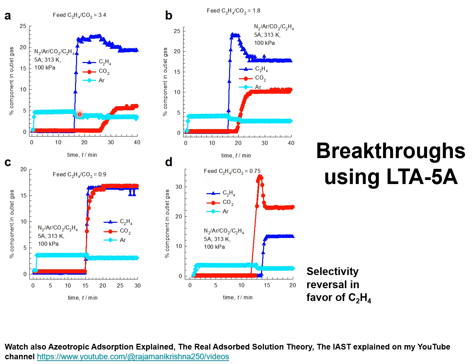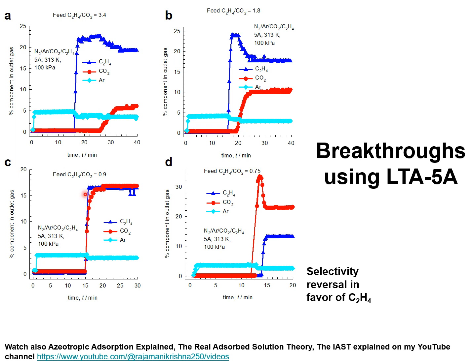For feed mixtures that are richer in ethene than CO2, the component that breaks through earlier is C2H4, indicating that the adsorbent LTA5A zeolite is CO2 selective.